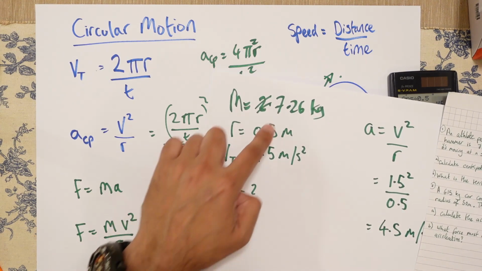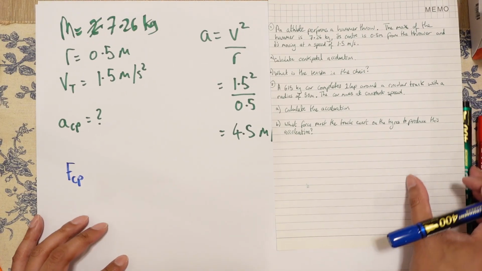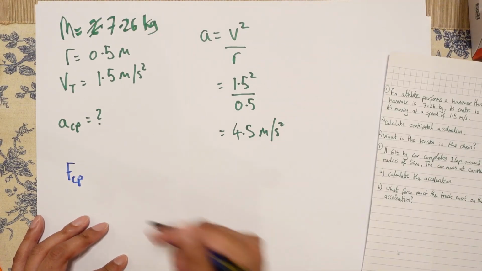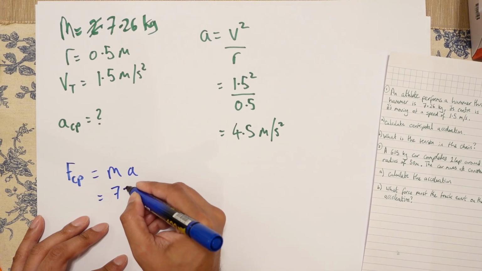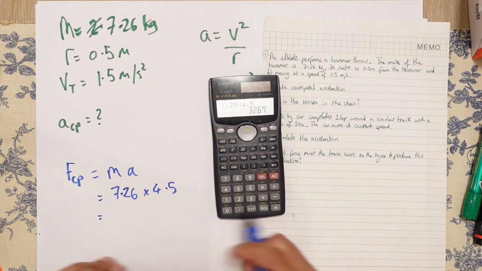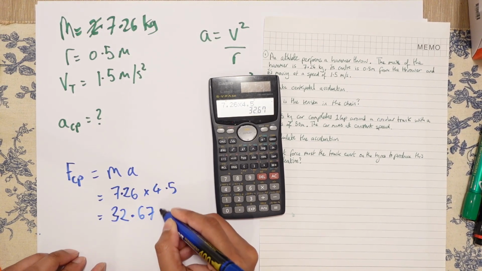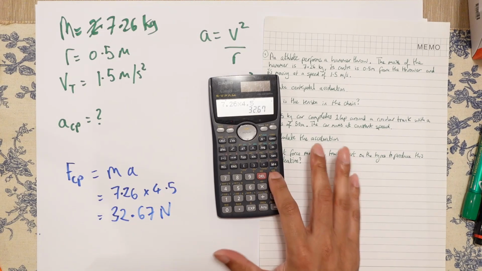So simply just take the mass multiplied by the acceleration. F equals ma. That's Newton's second law, in case you're wondering. So that's 7.26 times 4.5, which is 32.67 newtons. Great.